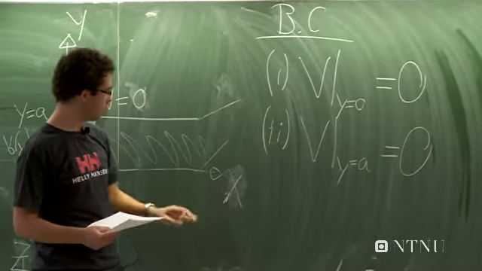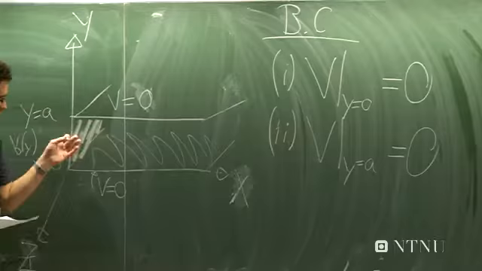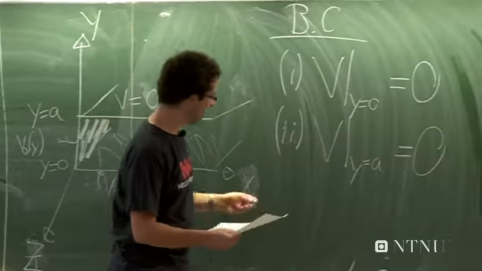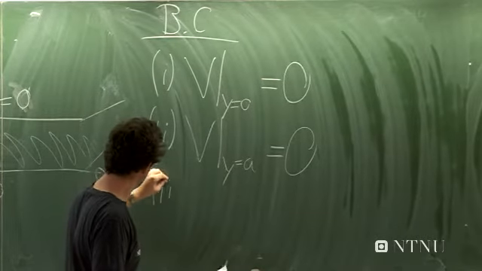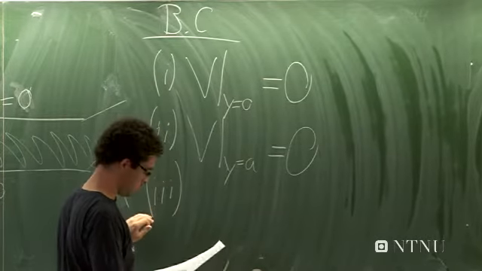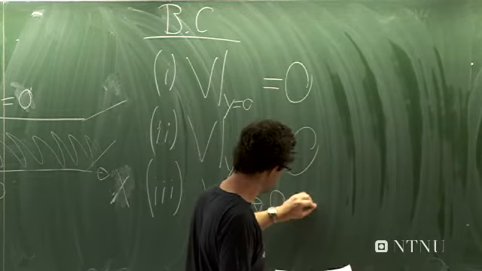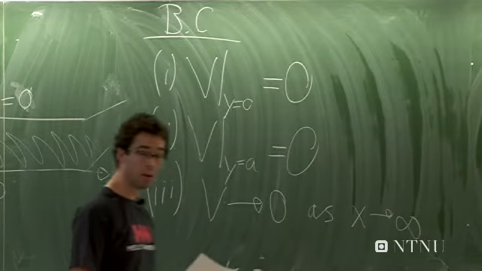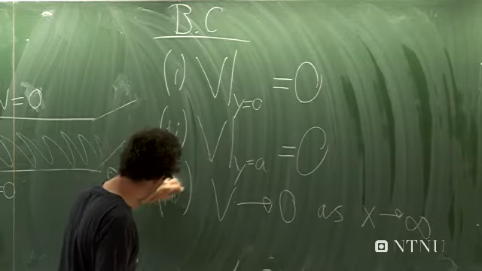Third, if I run off to infinity, let's say if I go to large x, I shouldn't see much of this stuff here, so the potential should go to 0 as I approach infinity. And that's the fourth one actually.